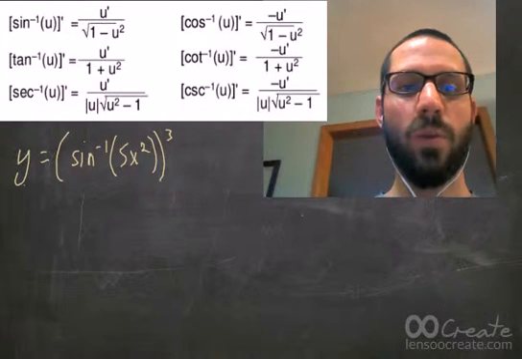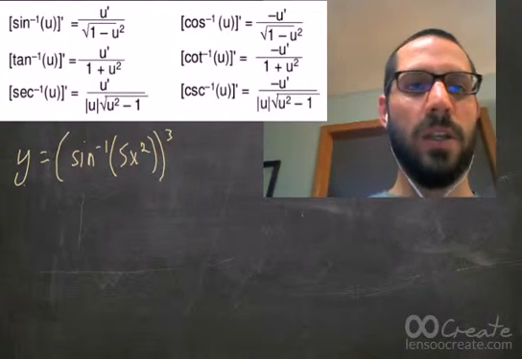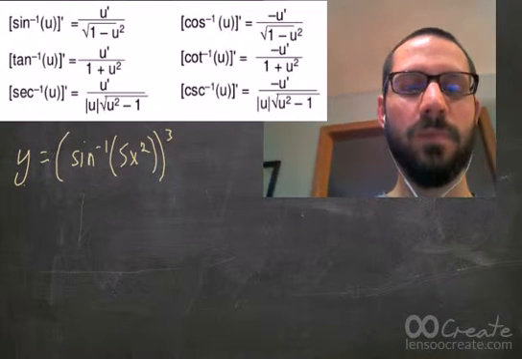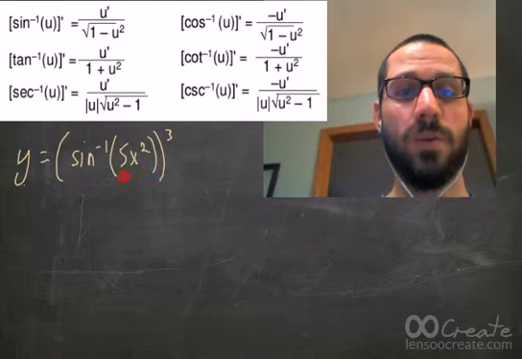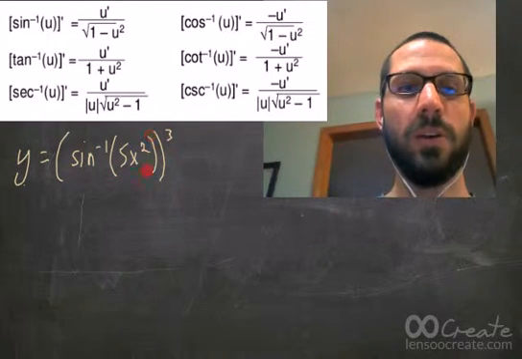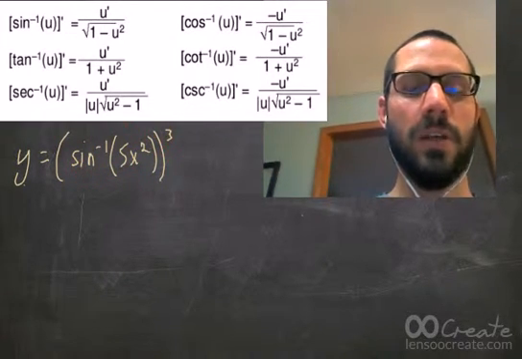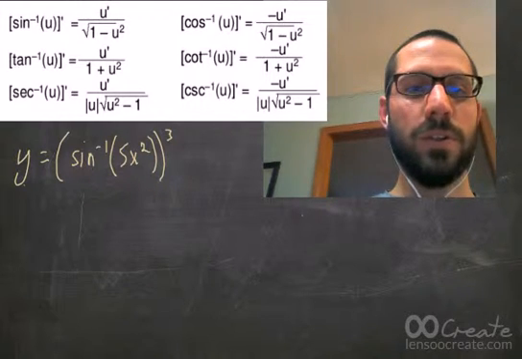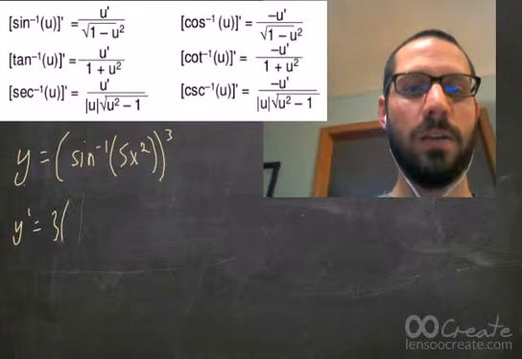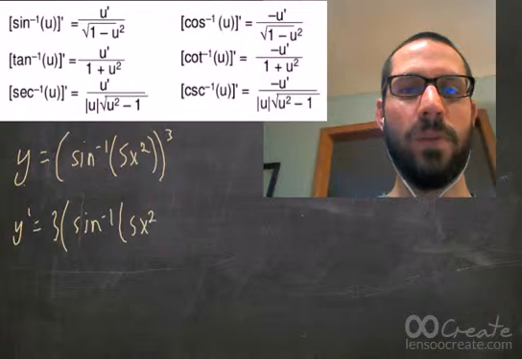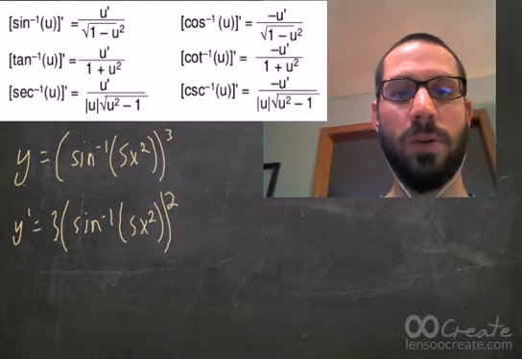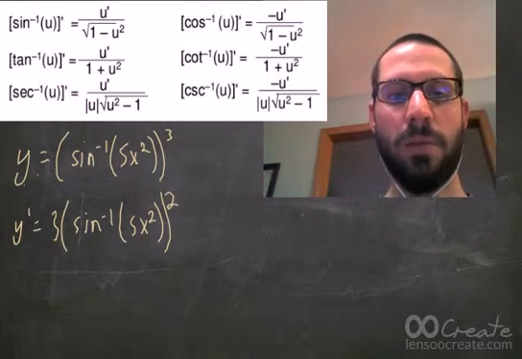All right, number 5, we start getting into some fun stuff. We have got a function cubed, and the function is sine inverse of 5x squared. We've already done sine inverse. We know how to do all that. So now it's just a matter of throwing a little extra at us. So let's take the derivative of the power first. Y prime equals 3, the whole thing, squared. 3 goes to the front, 3 minus 1, perfect.